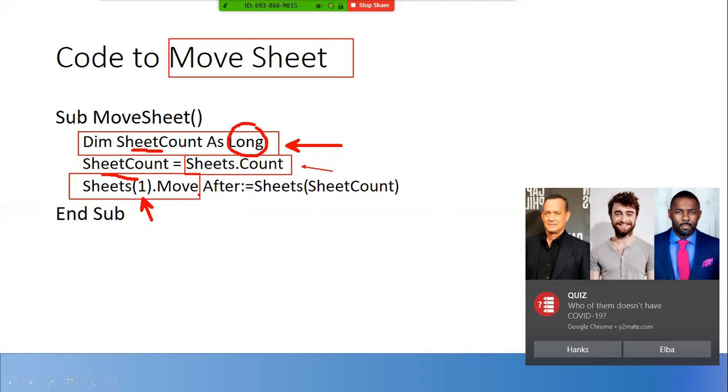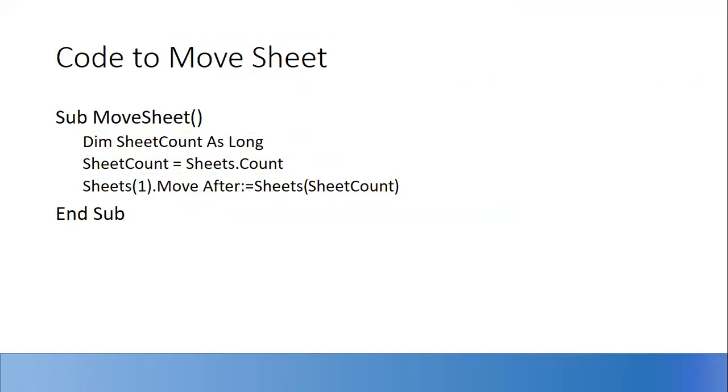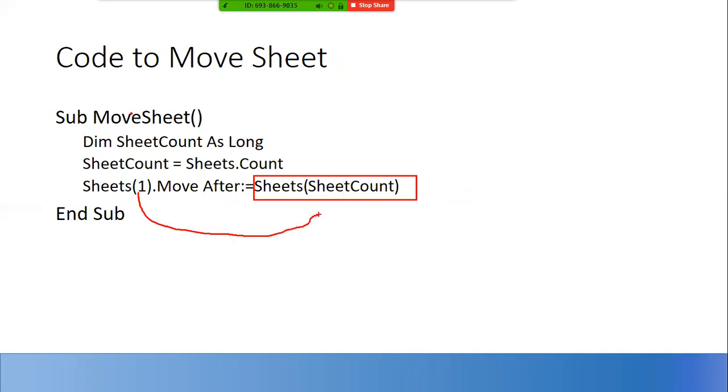Move is a method. A method can even take parameters. The parameters are like Before and After. After is after a particular sheet. So I say Sheets(sheetCount). Sheets(sheetCount) will tell me how many sheets there are. So this first sheet will be moved after the last sheet. Okay.